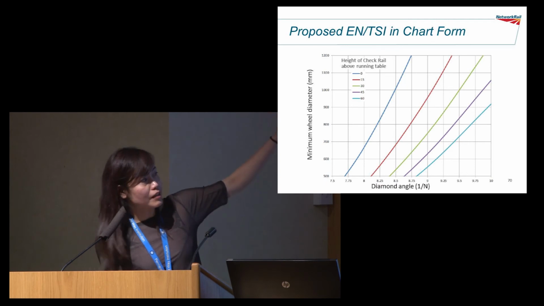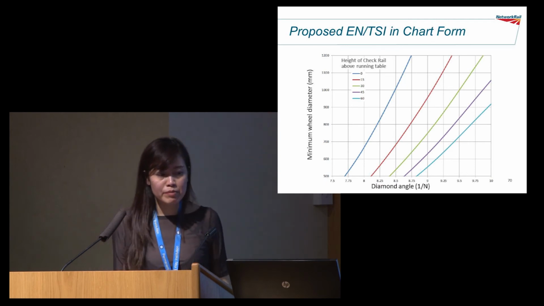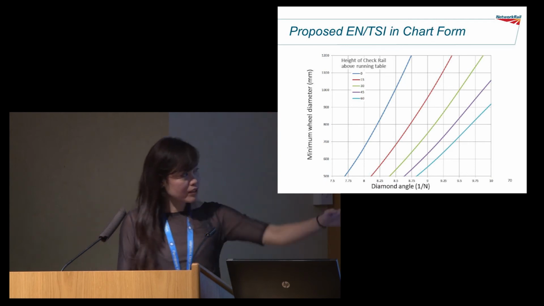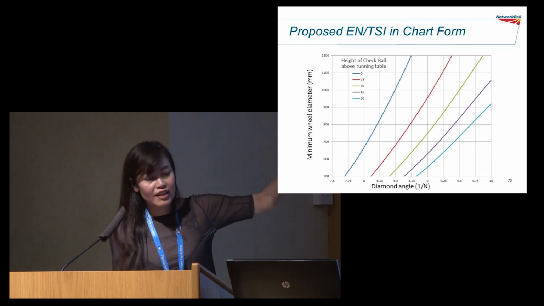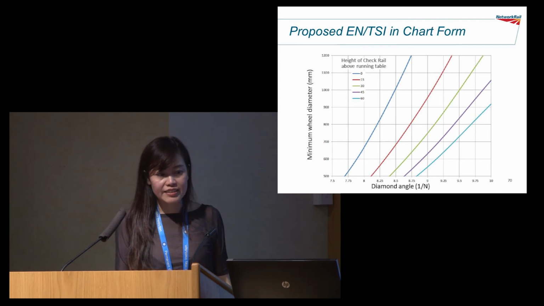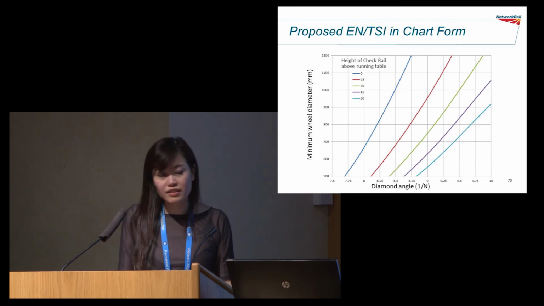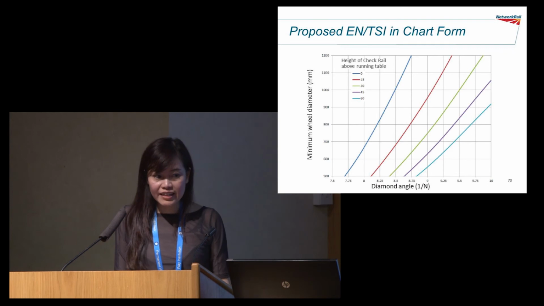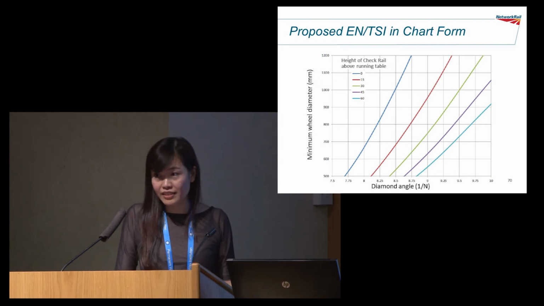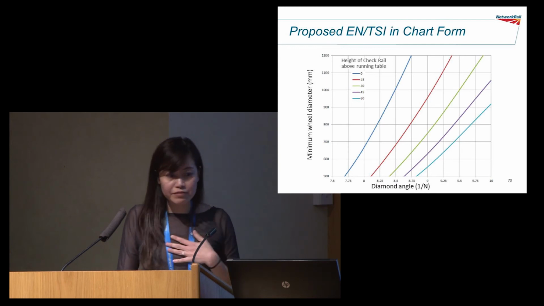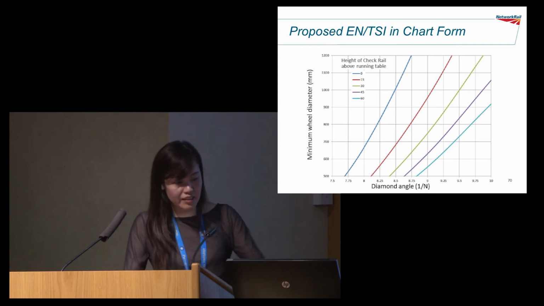You have the y-axis, the minimum wheel diameter, and the bottom, the diamond angle. And the different color lines on the chart is the height of the check rail. So for the EN TSI standard, the maximum height of the check rail is 60 mm.